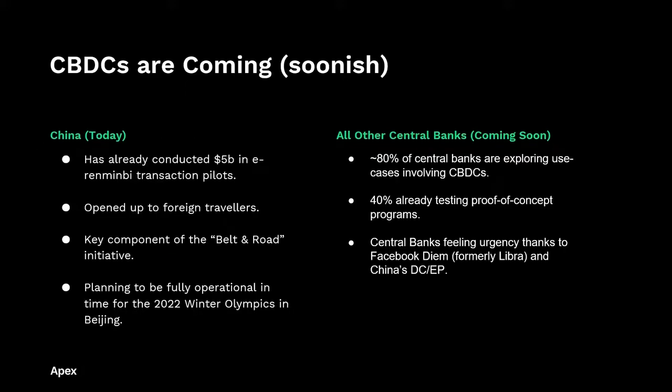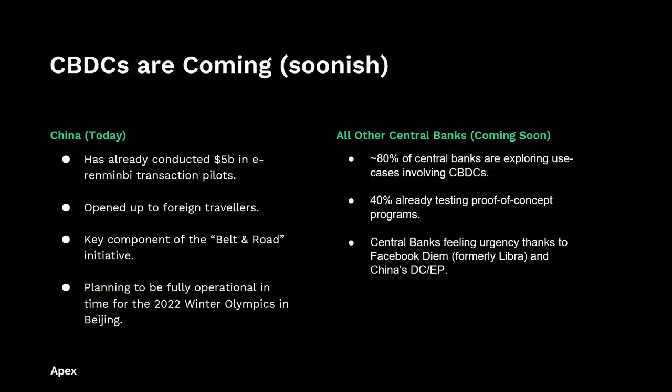Billions in transactions, geopolitical impacts, and goals for their central bank currency. But I think stay tuned for the 2022 Winter Olympics because, based on what I read in the news, it sounds like they're going to go live at the Olympics with a central bank digital currency that foreigners can hold. It'll be a brave new world, or brand new world.